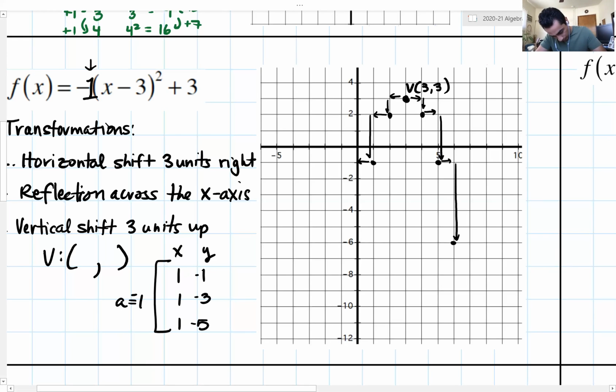So I can put it -6. Okay. And then we can go ahead and draw your curve. And there is our parabola right there. Okay.